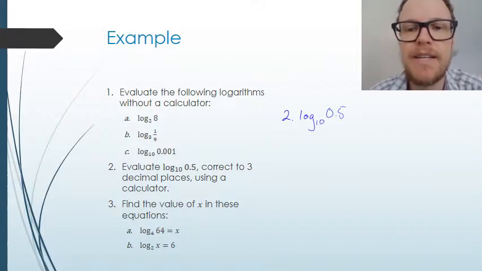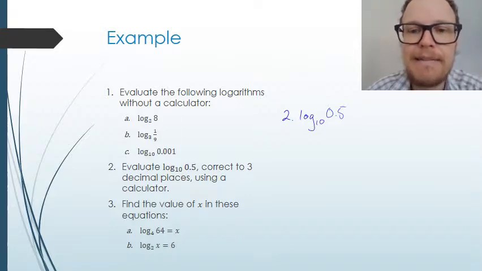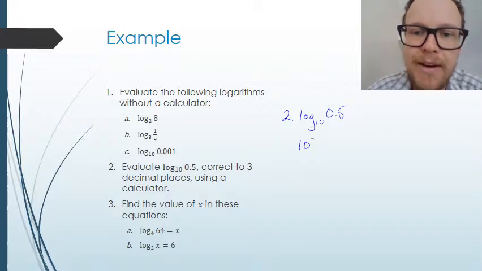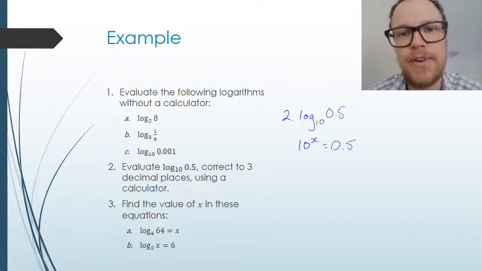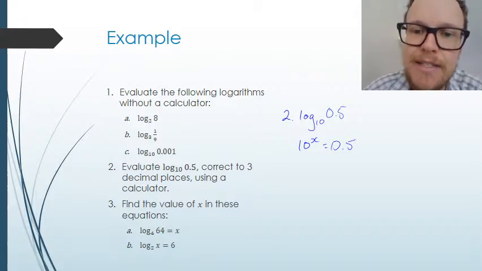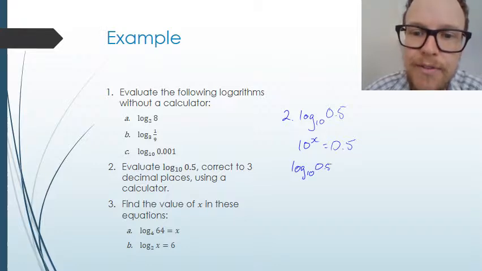So log to the base 10 of 0.5, if we're putting that into the calculator, we're essentially asking the calculator, if I've got 10 to the power of x, what is going to yield 0.5? So the calculator does this very, very quickly, and it gives an answer that log to the base 10 of 0.5 is equal to negative 0.301.